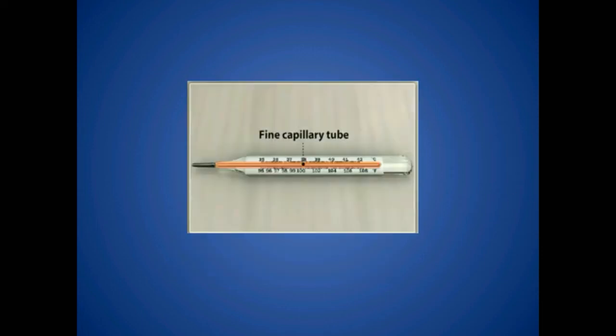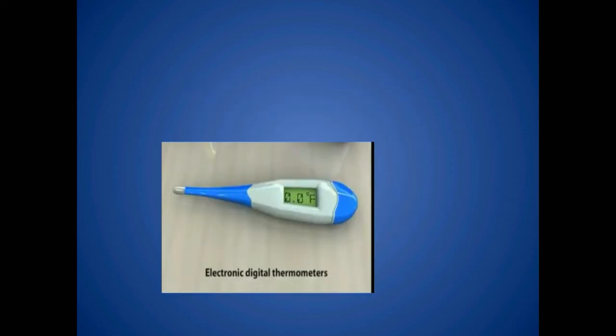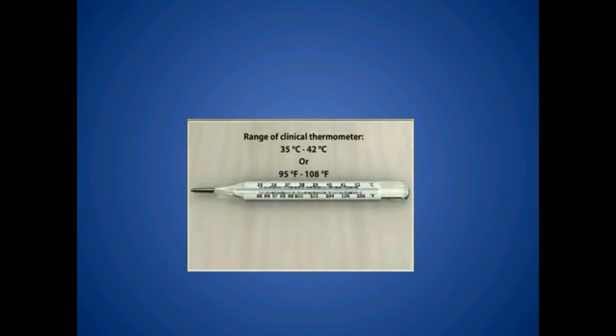Also, there is a fine capillary tube which is running from one end to the other. A clinical thermometer measures the range of temperature from 35 degrees Celsius to 42 degrees Celsius, or 95 degrees Fahrenheit to 108 degrees Fahrenheit. Okay, so this is all about the thermometer.